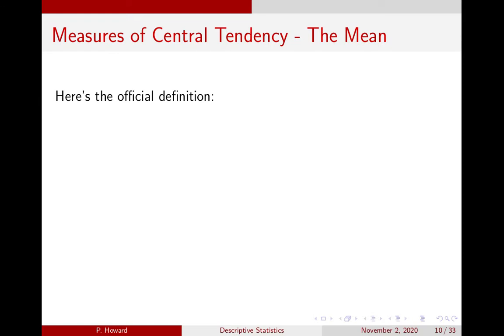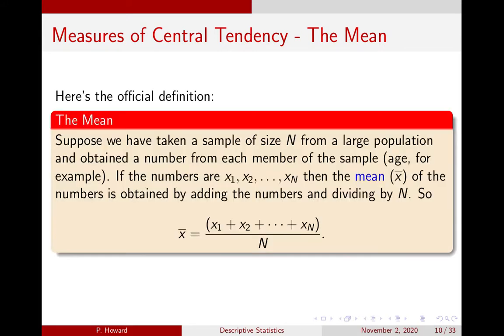Here's the official definition of the mean. I'm not sure this is necessary, but here's what it is in precise detail. Suppose we've taken a sample of size capital N from a large population and obtained a number for each member of the sample. Could be age, could be test scores.